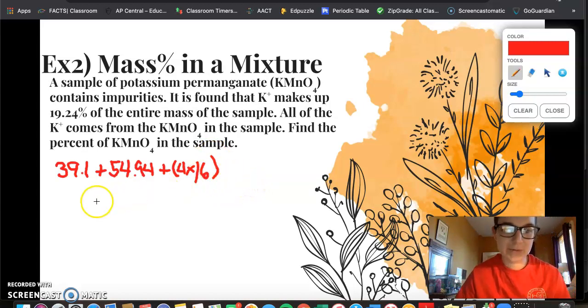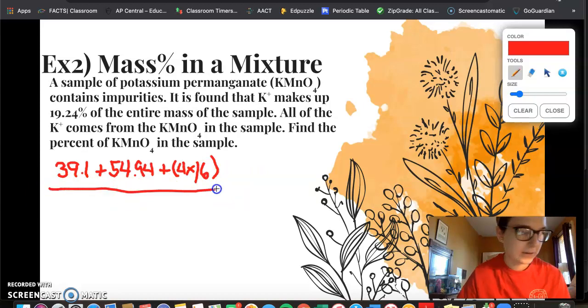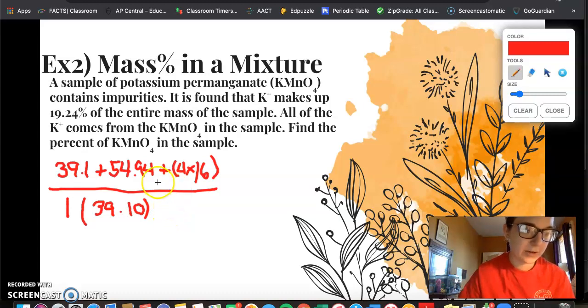And that's in grams or AMU, divided by 1 potassium atom times the molar mass, or AMU, for 1 potassium ion, which is 39.10 grams.